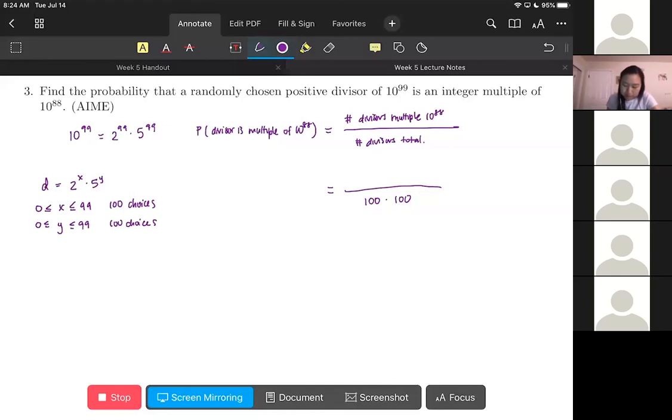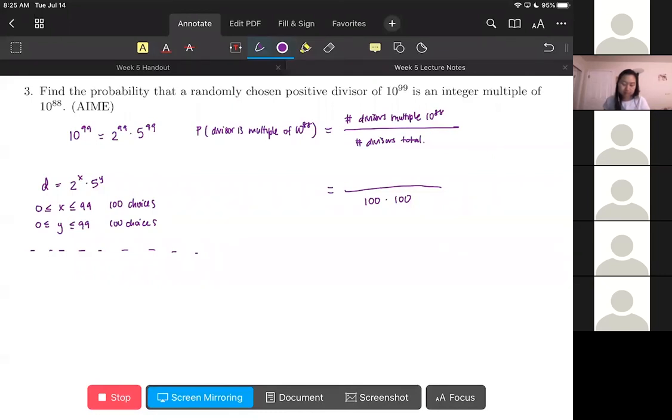So now let's tackle the numerator. What does it mean for a number to be a multiple of 10 to the 88? It means it's divisible by 10 to the 88th power.